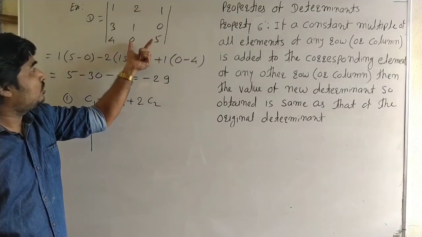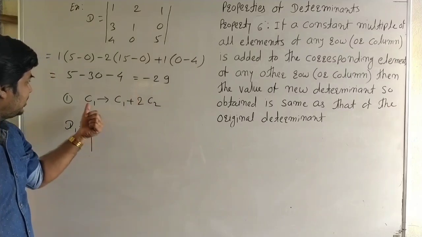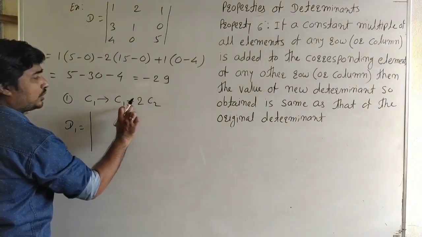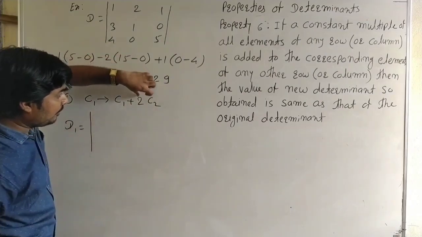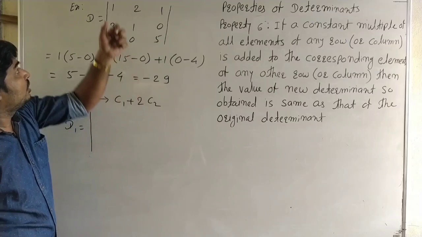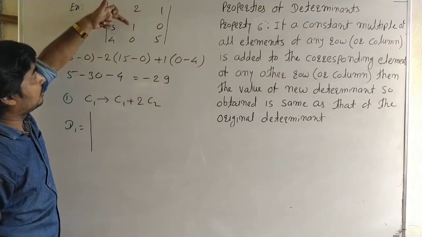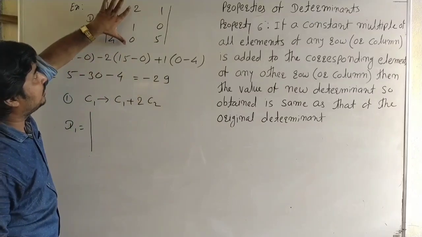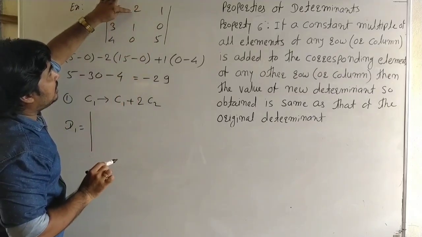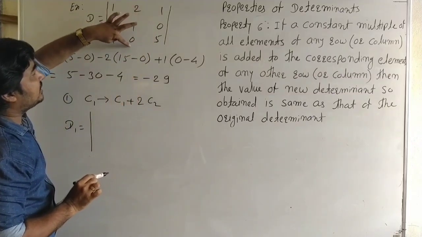C2 and C3 as it is, we change only the C1, and the change of the C1 is C1 plus 2C2. We multiply all elements in column 2 by 2. So we get here 4, 2 and 0. See carefully, it is column 2. We multiply by 2. So here 4, 2 and 0.